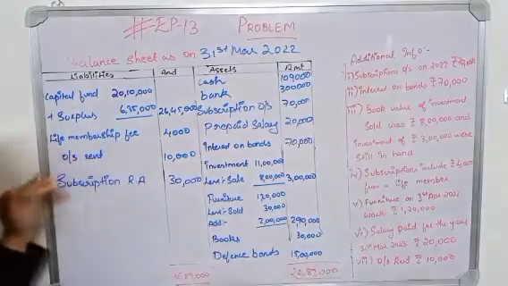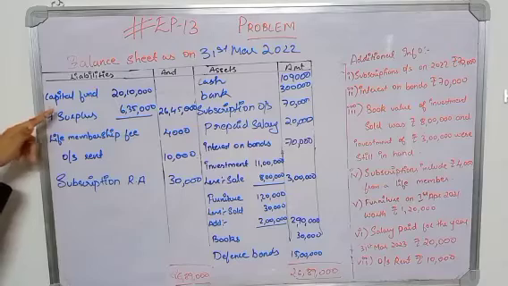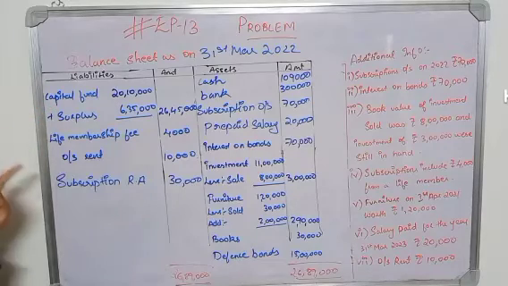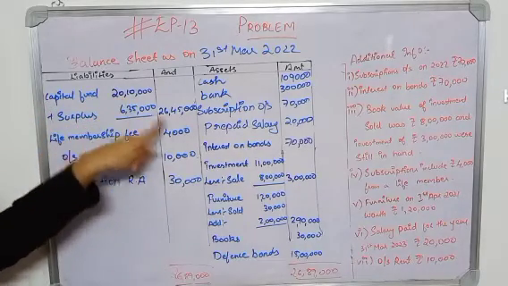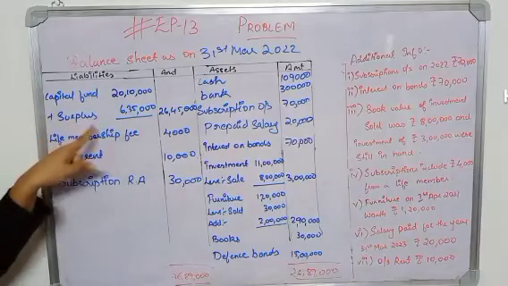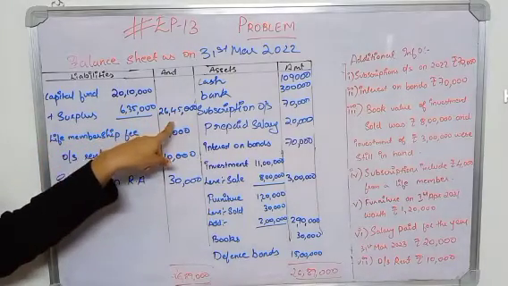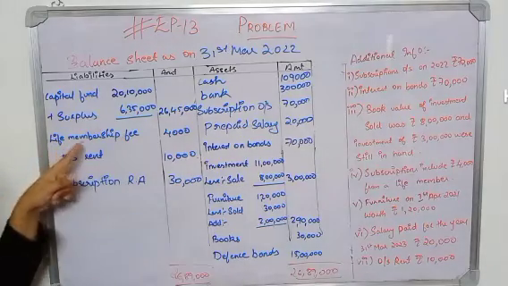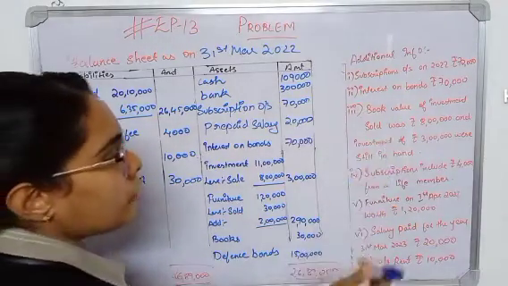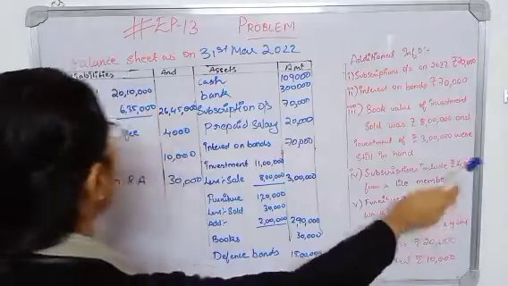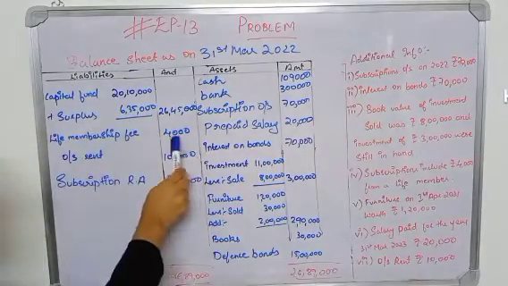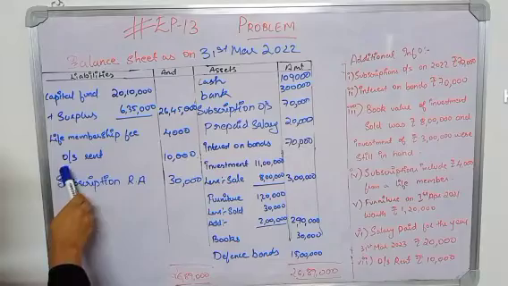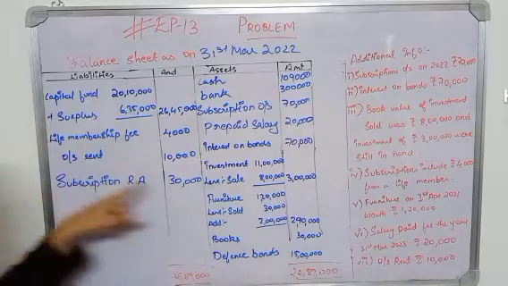Now moving on to the liability side, we have the capital fund, which we found out in the opening balance sheet. It was 20 lakh 10,000. You had a surplus of 6 lakh 35,000, so you get a total of 26 lakh 45,000. Then you had a life membership fee of 4,000. Then outstanding rent, it is 10,000.